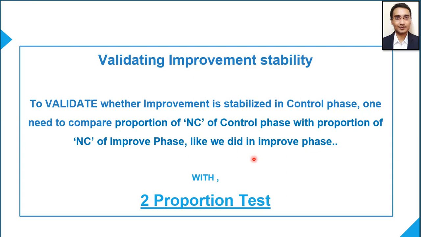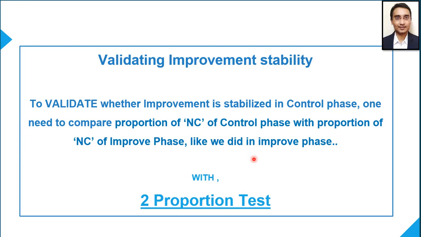Why are we asking this? Why do we want to check this? Because in the improve phase, we implemented solutions on a short-term, experimental basis. That was the experiment. But when we deploy the solutions on a long-term basis, there are definitely possibilities that performance might get shaken, or in other words, worsened.